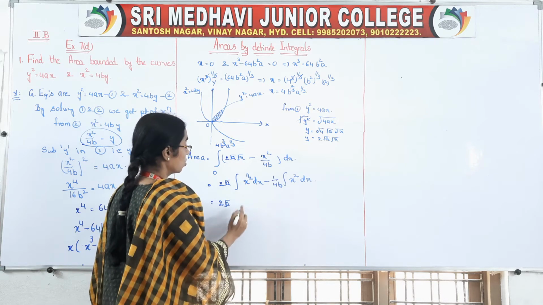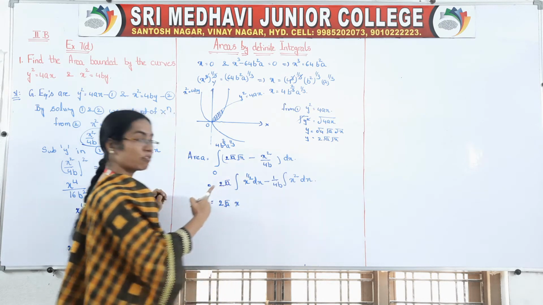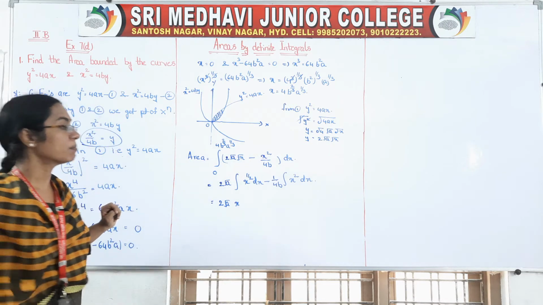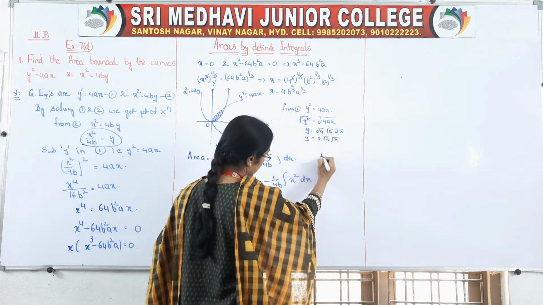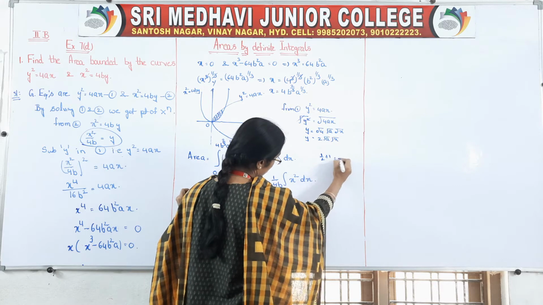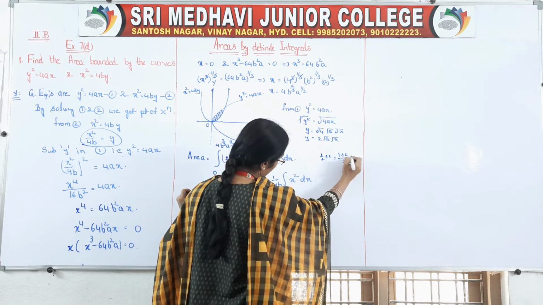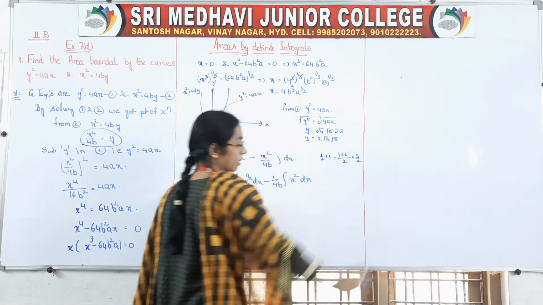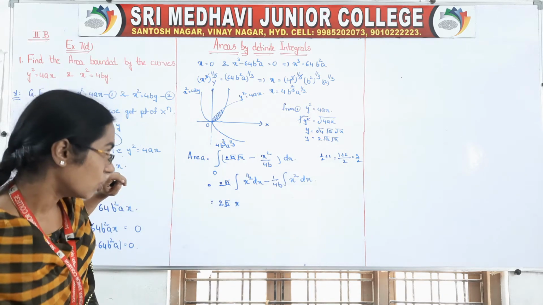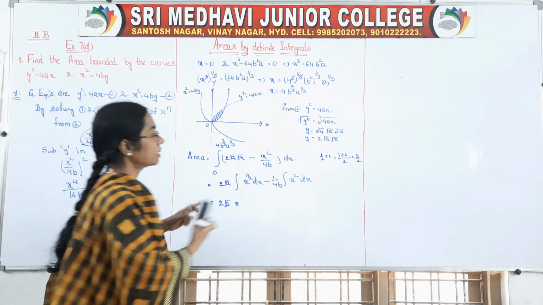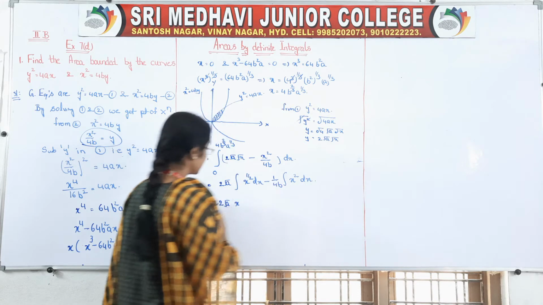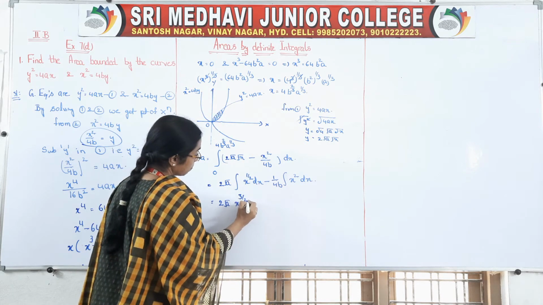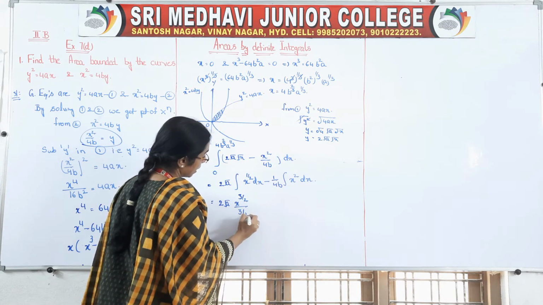Here this is x to the power of n form, so x to the power of n plus 1 by n plus 1, that is 1 by 2 plus 1, 2 is the LCM, 1 plus 2 is equal to 3 by 2. So we can take the power as 3 by 2, so x to the power 3 by 2 by 3 by 2.